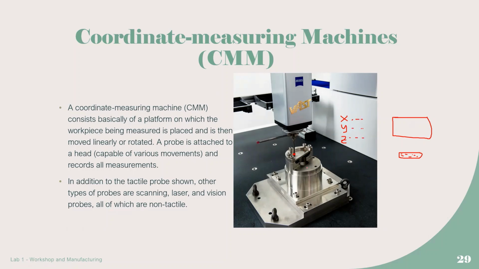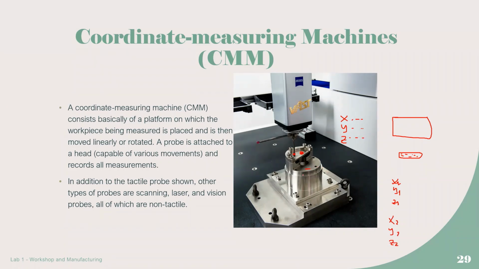So let's say you want to measure the height level differences between this plane and this plane. You're going to touch this surface with your probe, and you're going to have X1, Y1, and Z1. Then you're going to touch this surface, and you're going to have X2, Y2, and Z2.